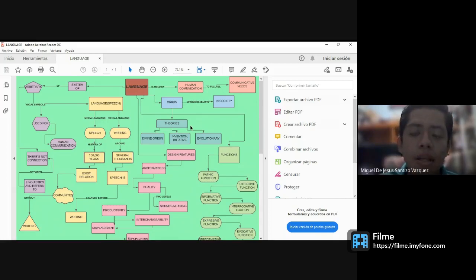Another example is that when we go to primary school, we already know how to talk, and then teachers teach us how to write or how to respect the rules to write correctly. In this case, speech is learned before writing.